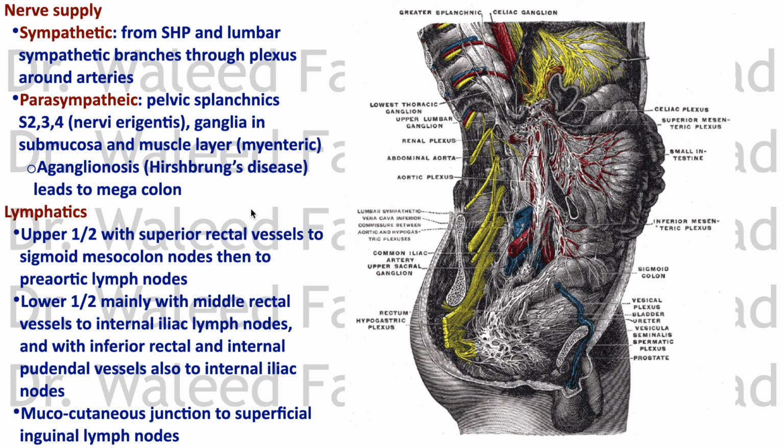The lower half of the rectum mainly goes with the middle rectal vessels to the internal iliac lymph nodes, and with the inferior rectal vessels and internal pudendal vessels also to the internal iliac lymph nodes. We will study this also in the anal canal, and the mucocutaneous junction very low down at the exit drains into the superficial inguinal lymph nodes. Superficial inguinal lymph nodes. Okay, remember this.